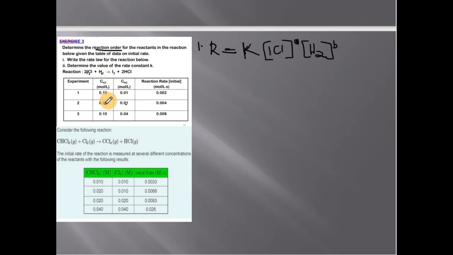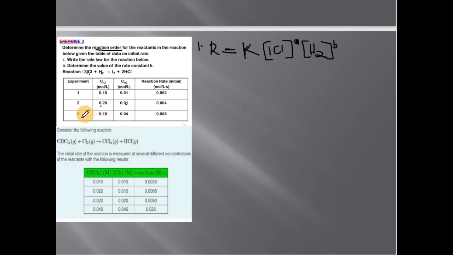Since there was no change in the hydrogen gas, any change in the rate is going to be attributed to the iodine chloride, because the hydrogen was maintained but the iodine chloride was changed. Here there was an observed change of the rate from 0.002 to 0.004. So this change can be said to have been caused by what? The iodine chloride, because the iodine chloride is what we changed its concentration.